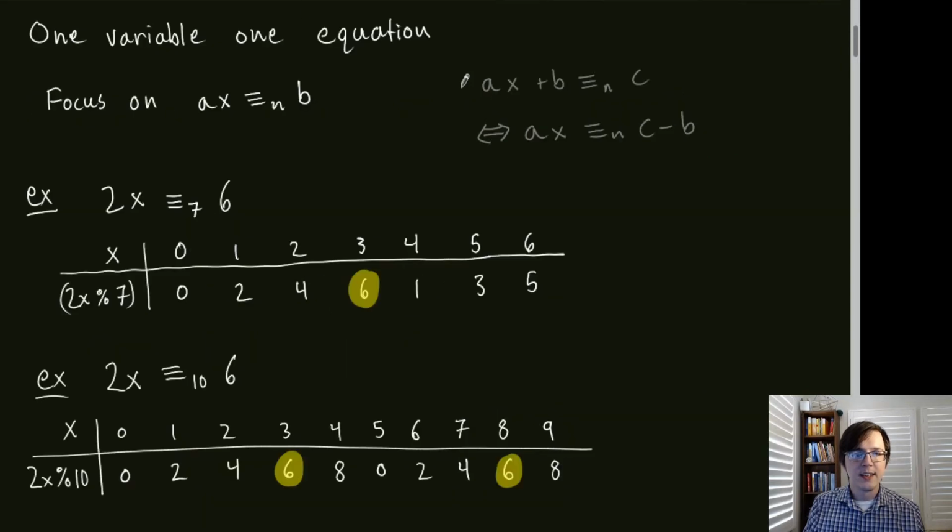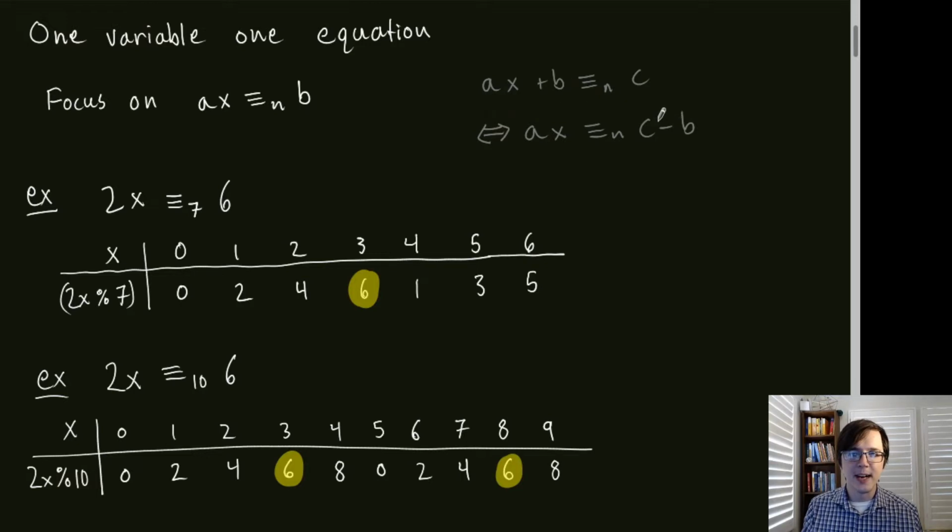Okay, so here is the basic one that we're going to solve first. One variable, one equation, linear. That's AX is congruent to B modulo n. And just as a side note, we could be considering a more general sort of equation, which is ax plus b is congruent to c modulo n.